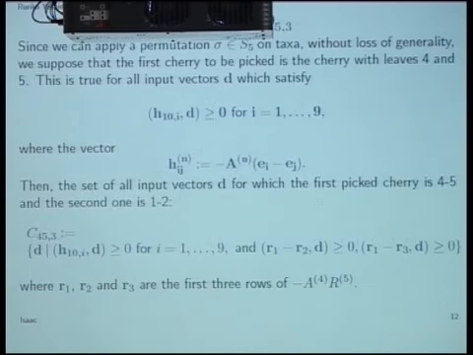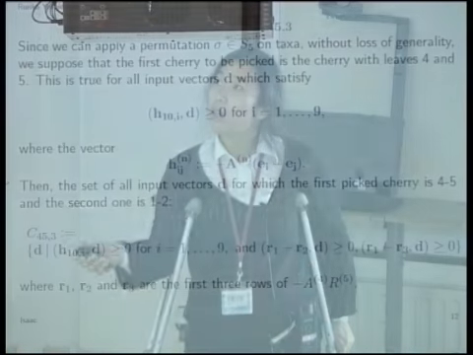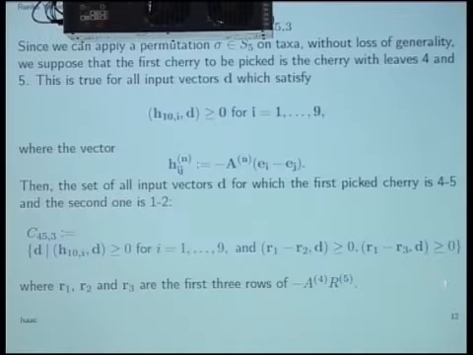All right, so for n equal to 5, there is only one unlabeled tree. So I can permute all the taxa numbers using S5. And then without loss of generality, here is the explicit inequality. That's the first cherry picking.